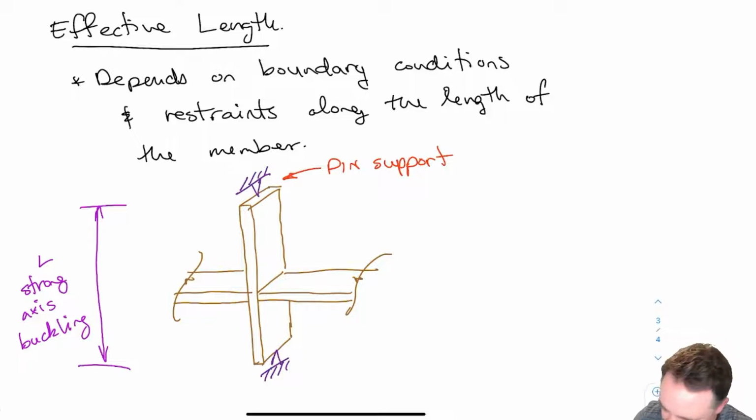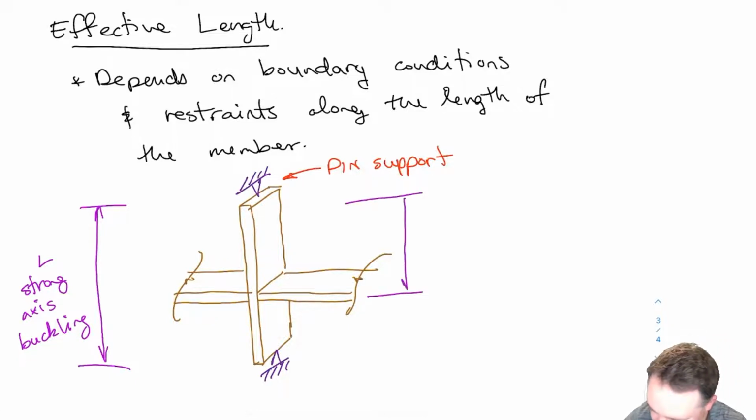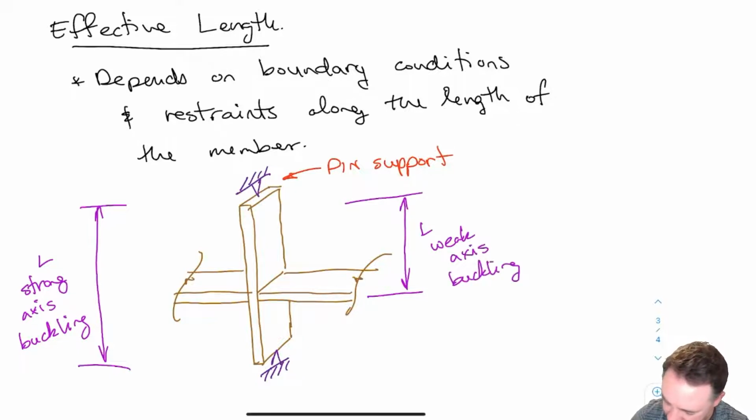So if I'm looking for my length associated with weak axis buckling, here I have two. This is my L for weak axis buckling, and this is another L here for weak axis buckling.